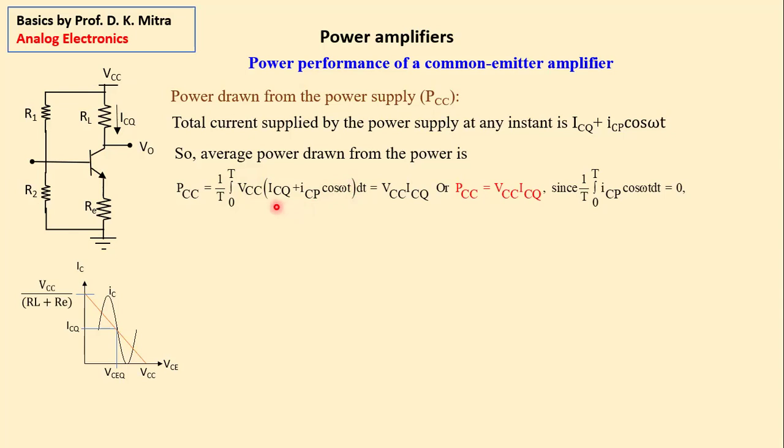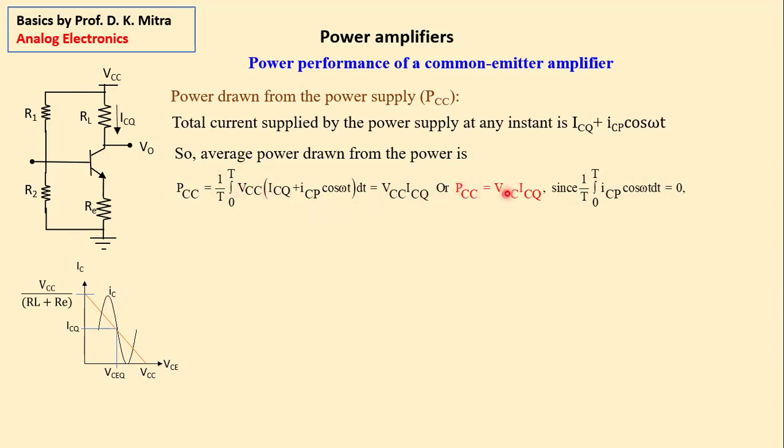Now, the shortcut method is that the integration of any cosine or sine function over a period is 0, and its average is 0. So what we are left with is only V_CC I_CQ.